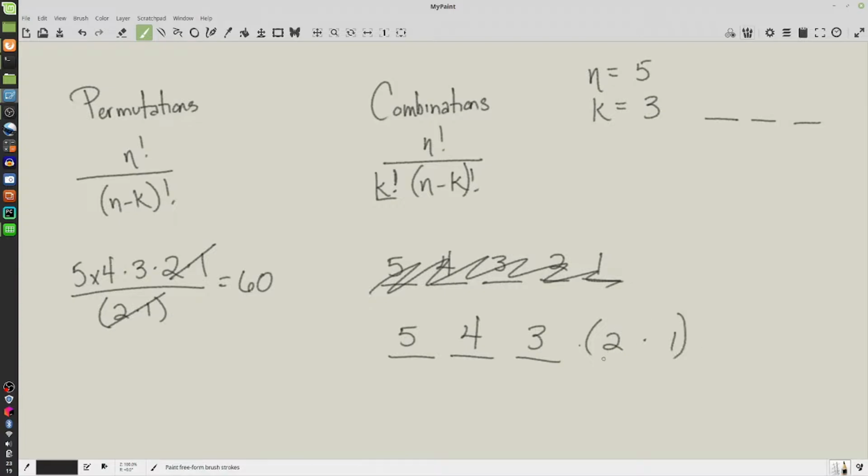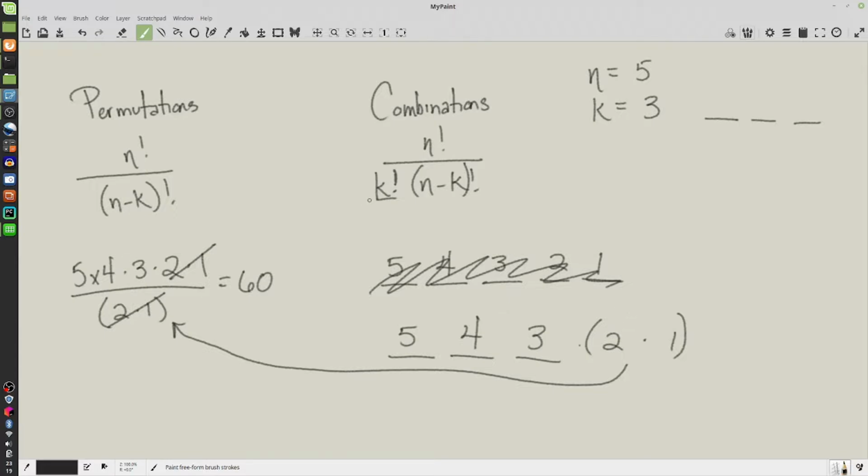So where did that come from? That's what we're doing with this denominator. We're removing those extra spots. However many spots you're filling, anything up to 5, that denominator is going to account for that and remove that.